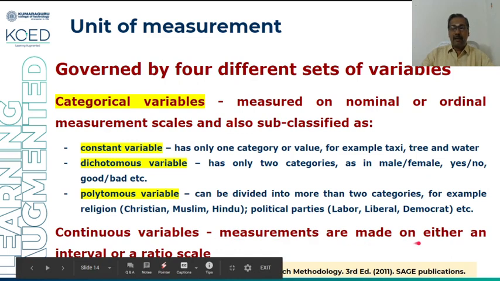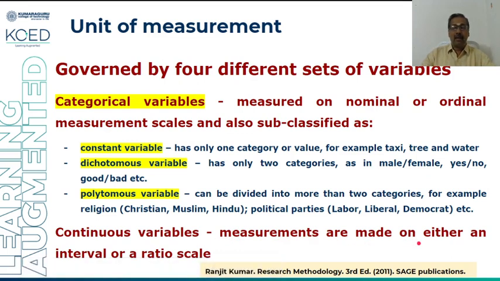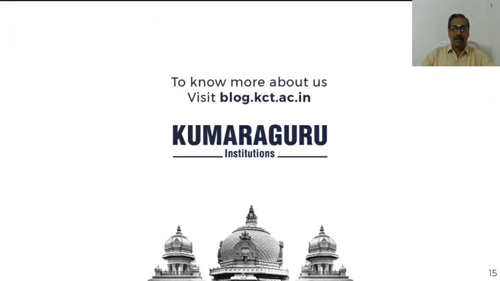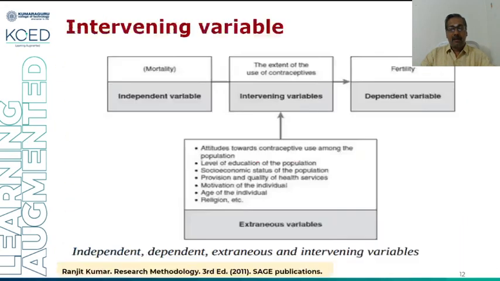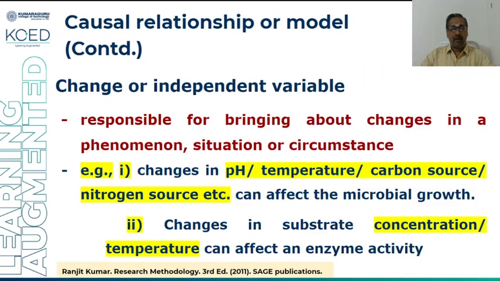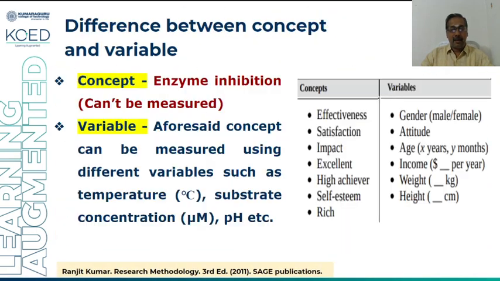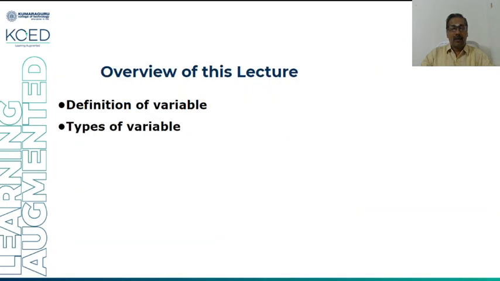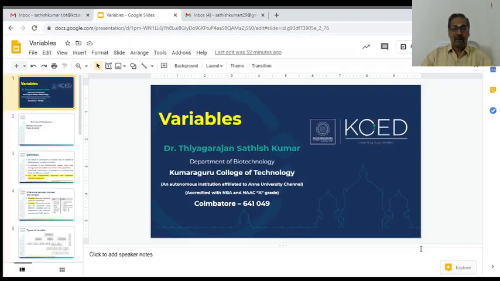Continuous variable means they are made on either an interval or a ratio scale. Anyway, don't worry, we are not going to use such kind of complicated system in our biostatistical analysis. So, friends, hope you understood exactly what is a variable.